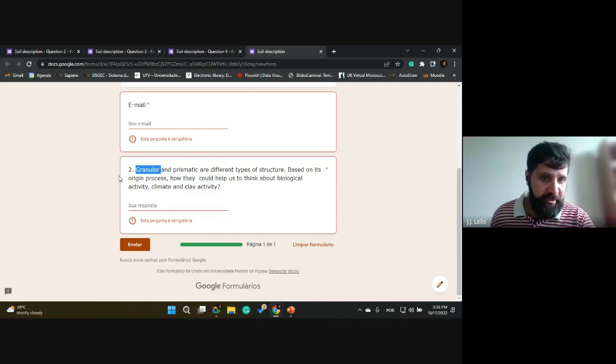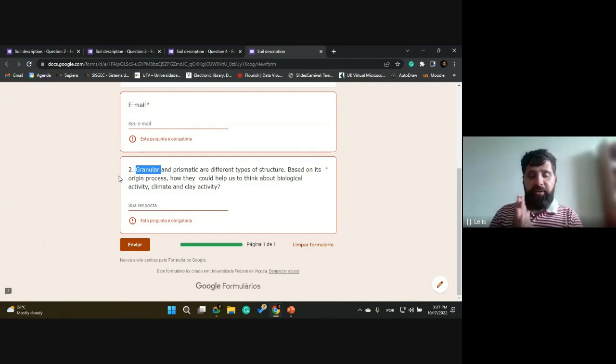In the opposition, prismatic structures are formed by the shrink and swell process, which present high plasticity and sticky materials. The formation of these structures is especially common in dry areas where we have high leaching and a marked dry season.